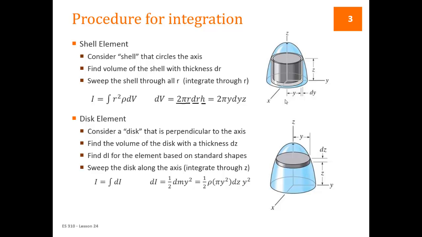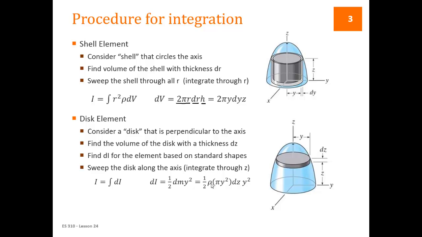If we look at the same volume using a disk element, we have a small disk element that we start at one end and sweep through the entire volume. So in this case, we're going to use the expression I is equal to the integral of dI, and we're going to look at dI as the moment of inertia of a disk. The moment of inertia of a disk is 1/2 of the mass times the radius of that disk squared. In this case, we have a dm, a differential sized mass, and so we have 1/2 dm y squared, where y is the radius of the disk.